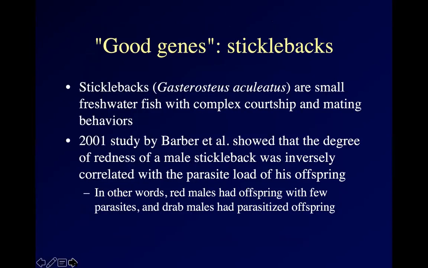They've got very complex courtship and mating behaviors. The males actually build nests on the bottom of the streams or lakes that they live in. And once they've done that, they will try to attract females by doing what's called the head standing dance, basically swimming with their heads down, wiggling those bright red bellies for all to see.